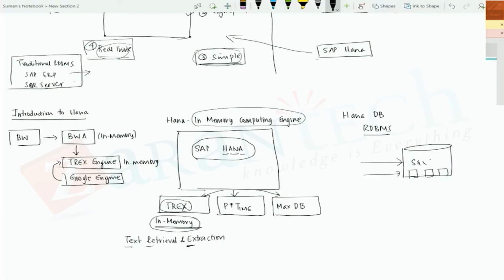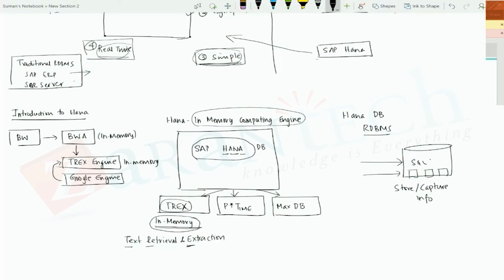To store or capture information is the primary functionality of a database. So even though HANA is praised for its in-memory functionality, it still has a functionality called database. So it has to behave like a traditional database.